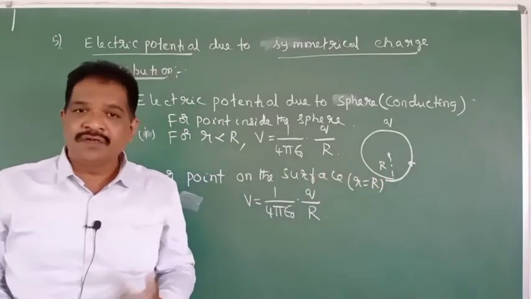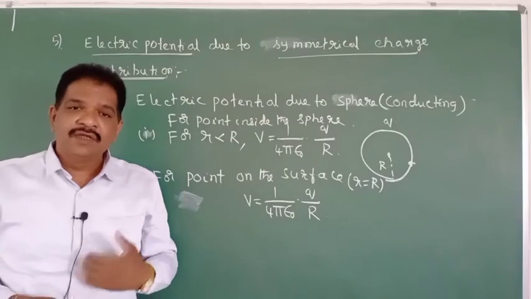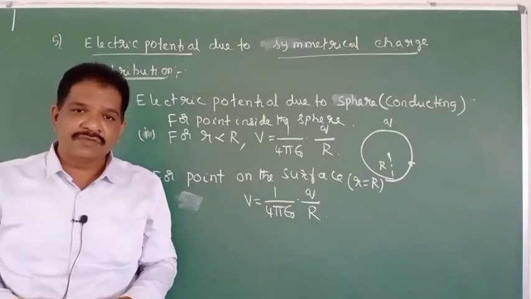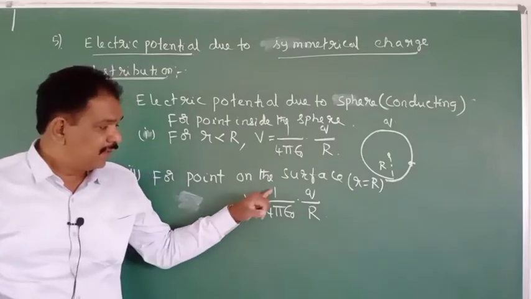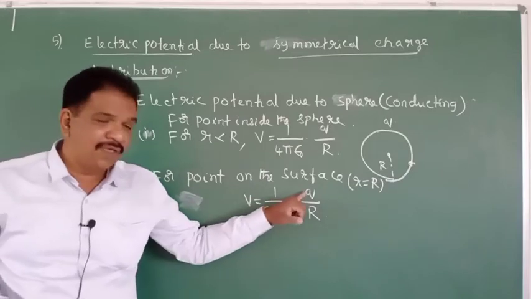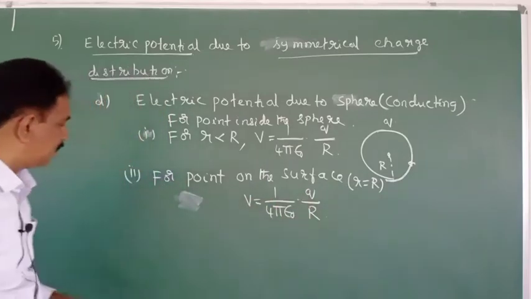Inside the sphere also the same potential will be there. At the center of the sphere also the same potential will be there. The formula is 1 by 4 pi epsilon naught Q by R.